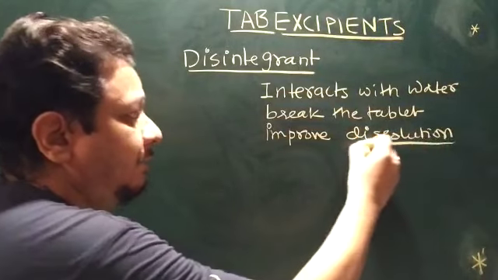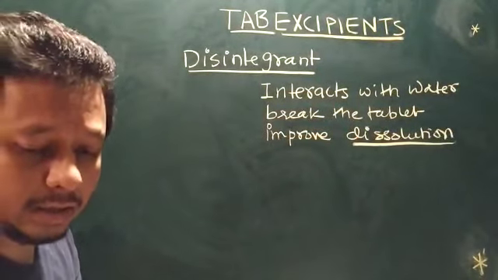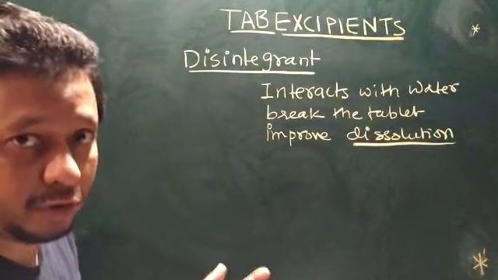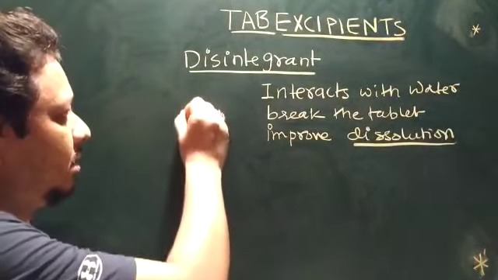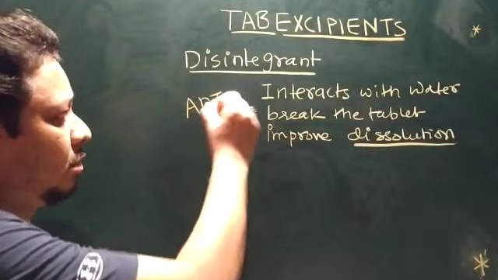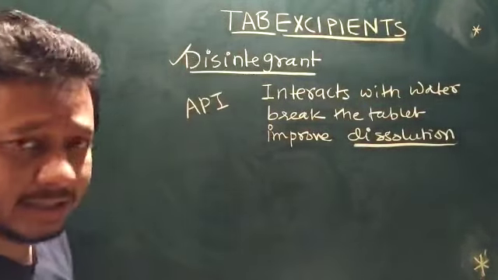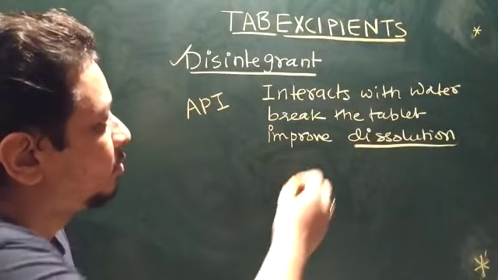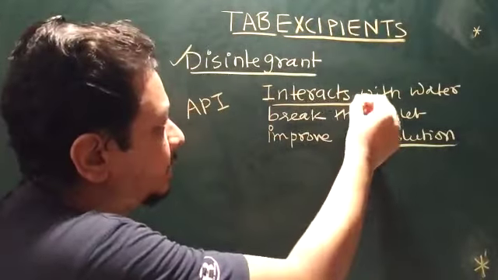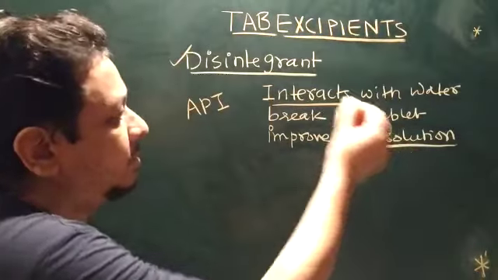So disintegrant, if it is powerful, can improve dissolution. Okay. So if your API, the active pharmaceutical ingredient, is poorly water soluble, then you can use a super disintegrant to improve its dissolution process. So first, they should interact with water and break the tablet to improve dissolution.